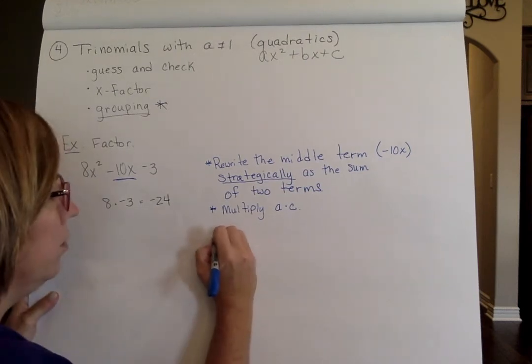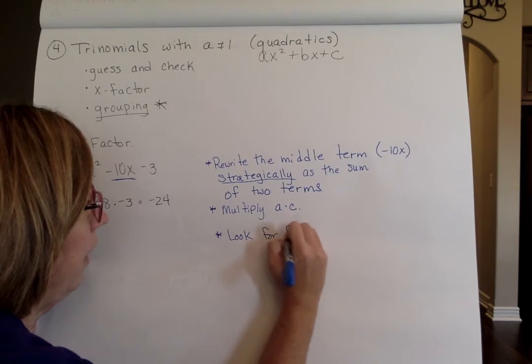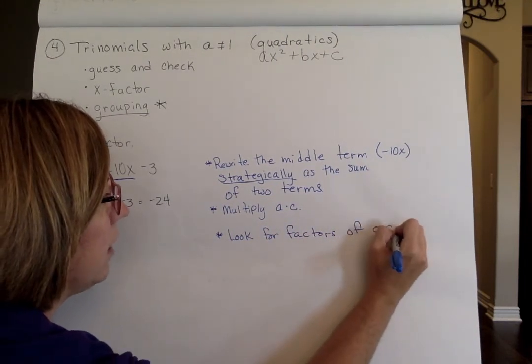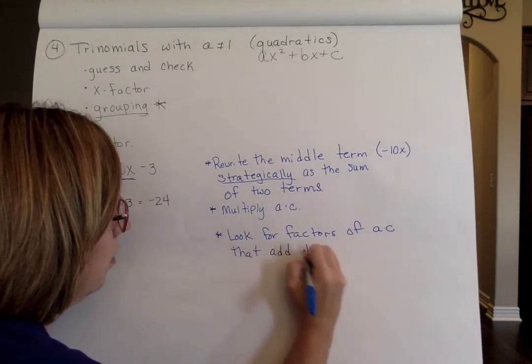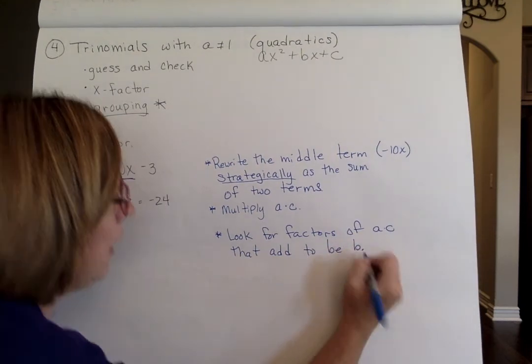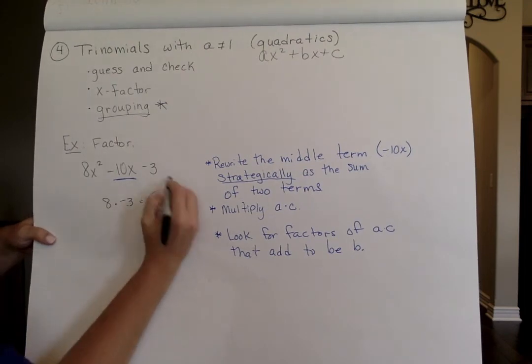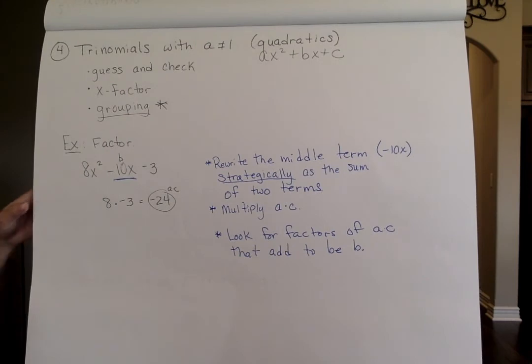Then we're going to look for factors of A times C that add to B. So similar to what we were doing on the last one, where we're looking for factors of some number that add up to be another number. So in our case, here's A times C, okay, and here is B.